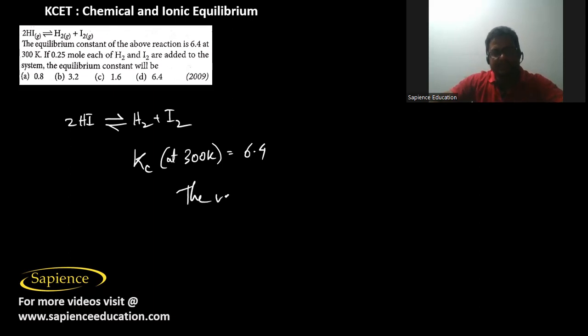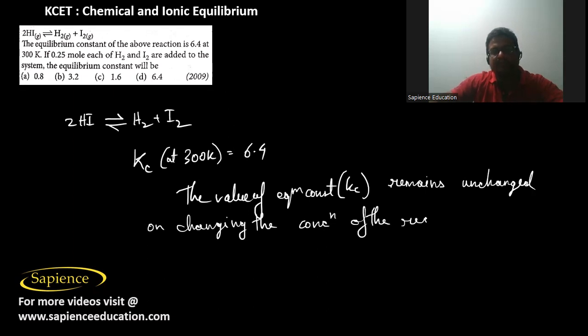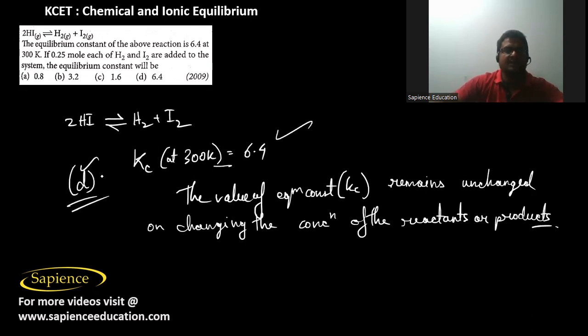The rule is that the value of the equilibrium constant Kc remains unchanged on changing the concentrations of the reactants or products. So the equilibrium constant will remain as 6.4 only. So option D is the correct answer.